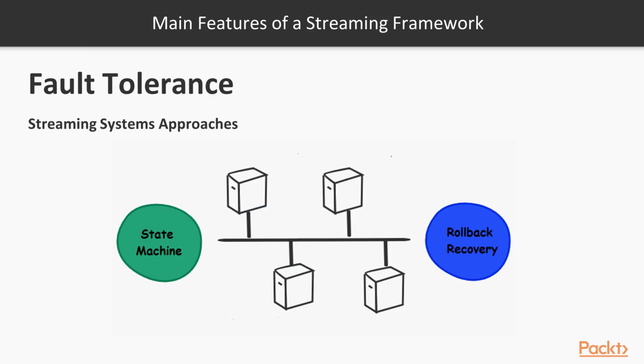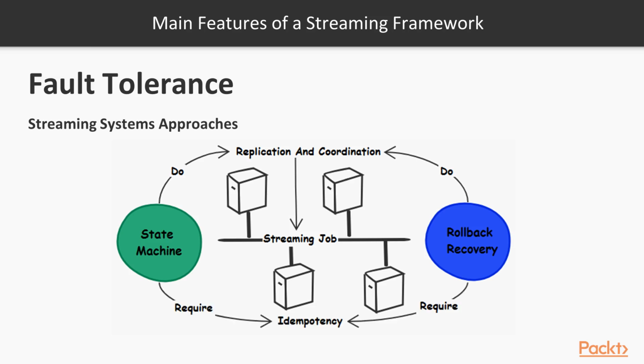Two of these approaches are state machine and rollback recovery. Both of them can be employed for enabling replication and coordination of a stream processing system. More precisely, we are talking about replication and coordination of the streaming jobs, which are basically the units of work that manipulate the data.